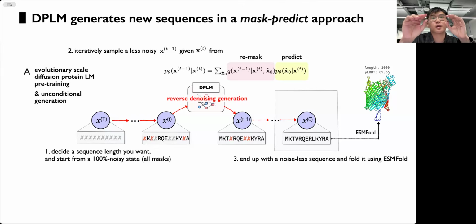which can be treated as predicting a clean data that the model thinks is cleaner, and you use this intermediate prediction of x0 and then remask it to be a less noisy data. You can use a confidence-based remasking strategy.